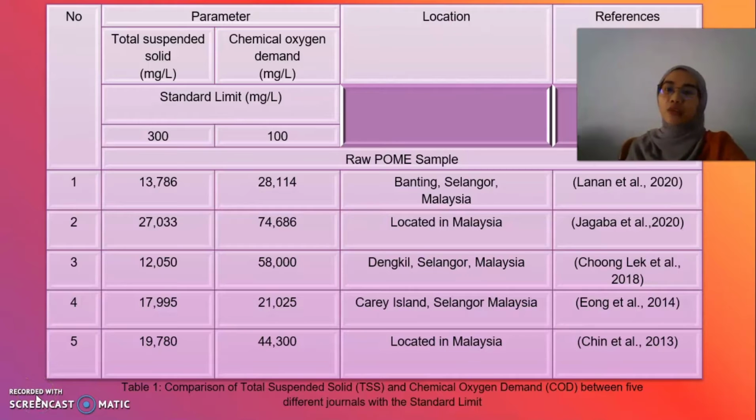Next, we focus on chemical oxygen demand, which is the COD parameter. There are also different concentrations from different journals and places. At Banting, the value of chemical oxygen demand is 28,114, while at certain places in Malaysia by Jagaba, the value is 74,686.